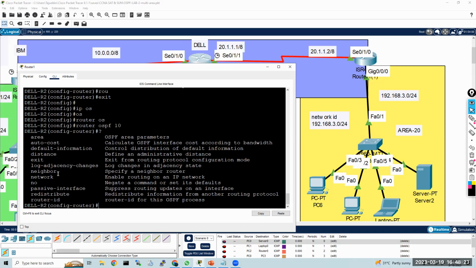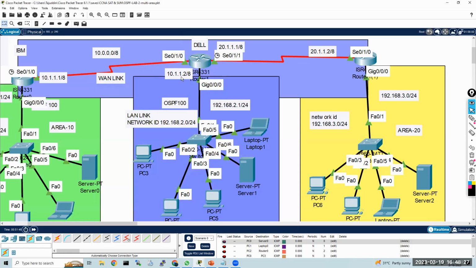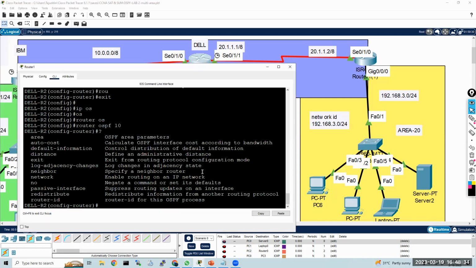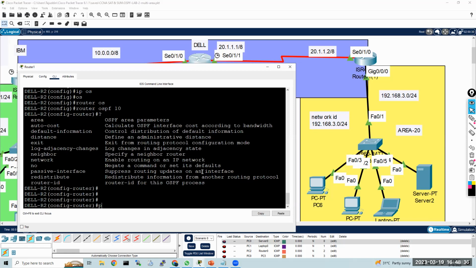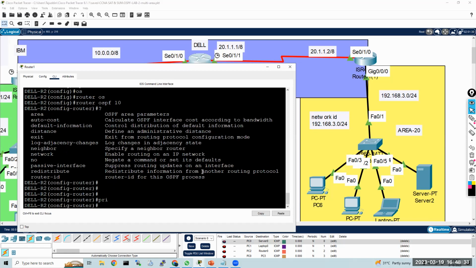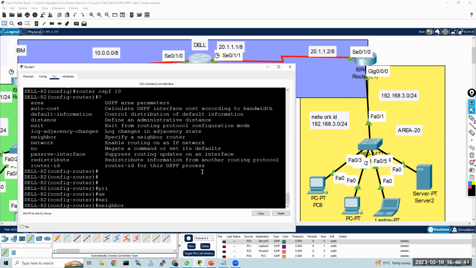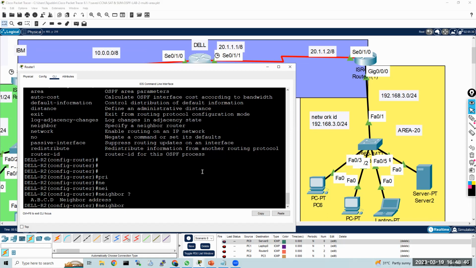The election process is automatic because we have only one router. I think the priority command is not working here. Neighbor address is just to connect to the neighbor.